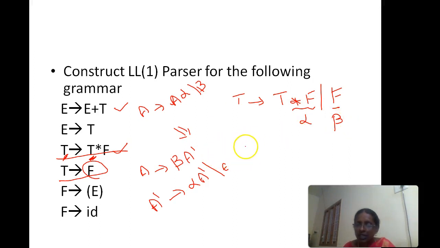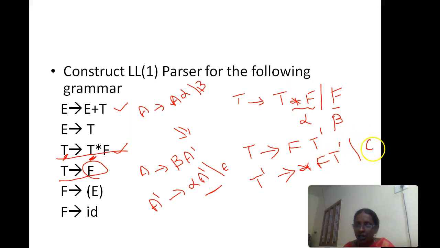So this is alpha and this is beta. Now it can be rewritten as T implies beta T dash. What is beta here? F. So F T dash. And T dash implies alpha T dash. What is alpha here? Star F. And what is the last part? That is T dash or epsilon.